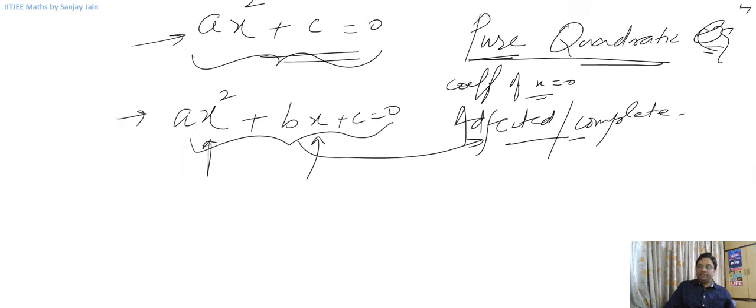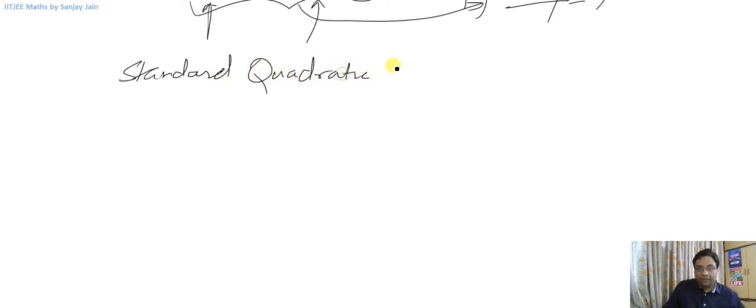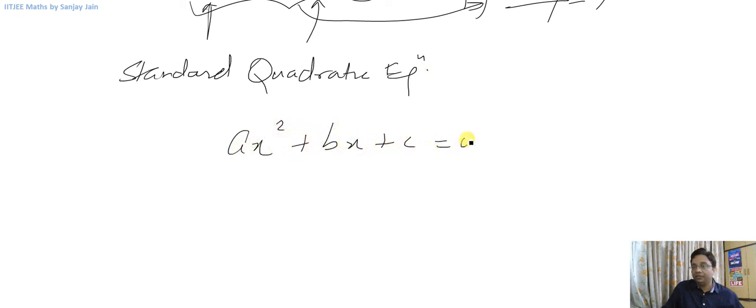In any case, the standard quadratic equation is ax square plus bx plus c equal to 0, where a is non-zero, right? Where a is non-zero.